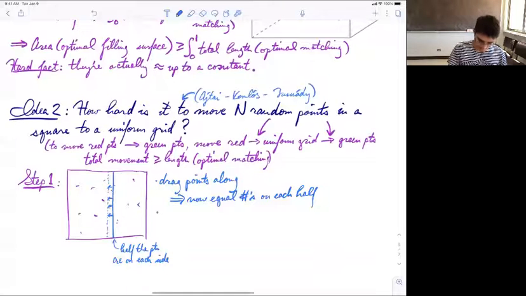This is a fact that I'm not going to explain to you. It turns out that the distance between these two lines is, on average, around 1 over root n.